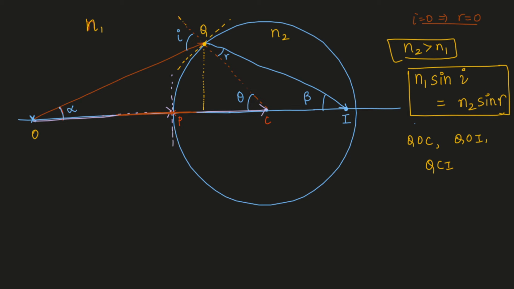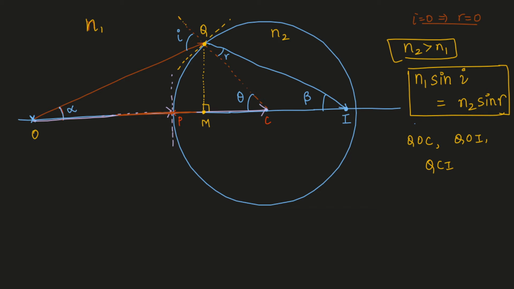Let us say the height is just the perpendicular that we drop from Q onto the principal axis, and let us say that this meets right here at some point M.